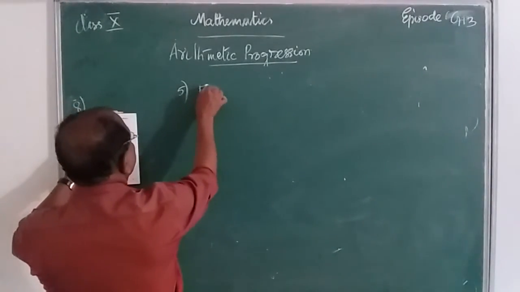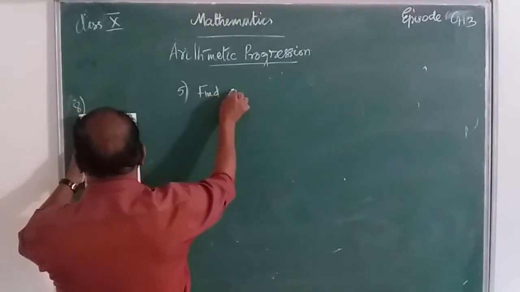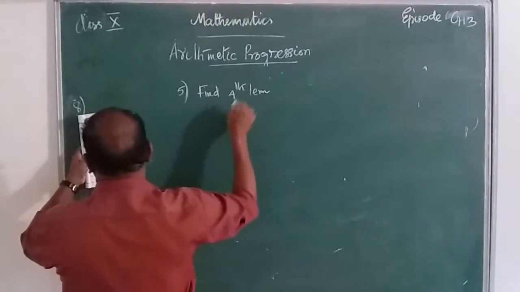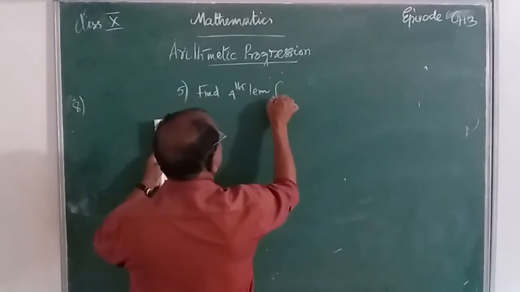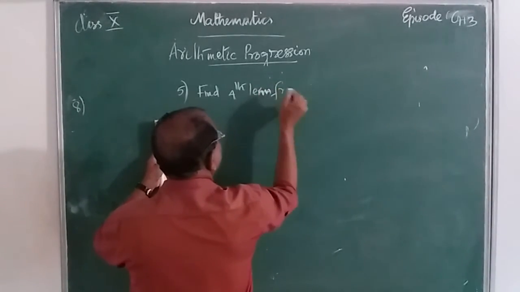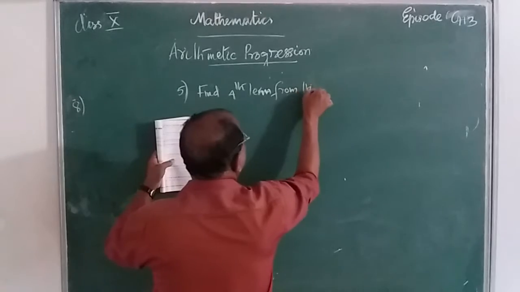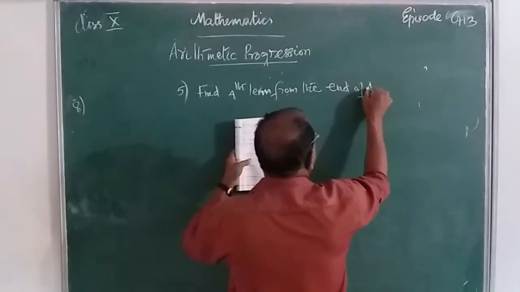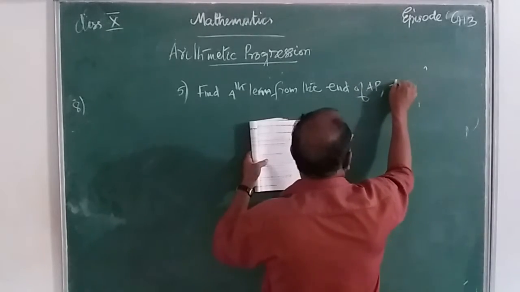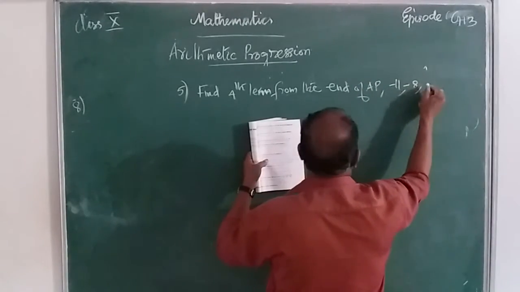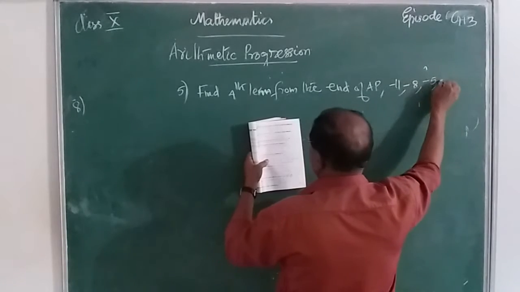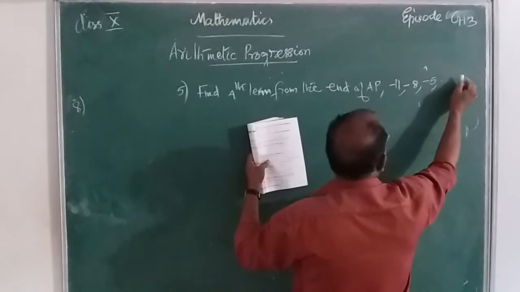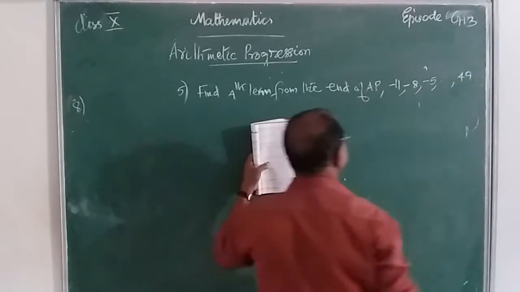Find the fourth term from the end of 18, minus 11, minus 8, minus 5, etc., 49.